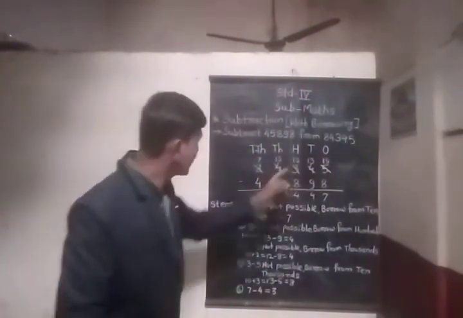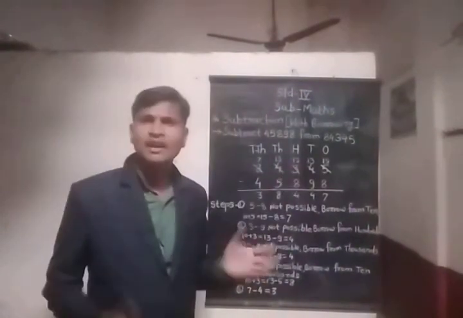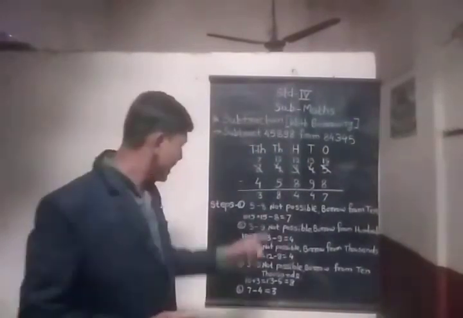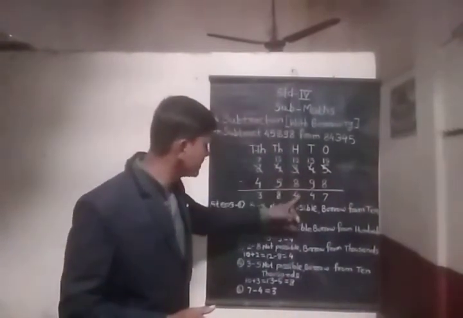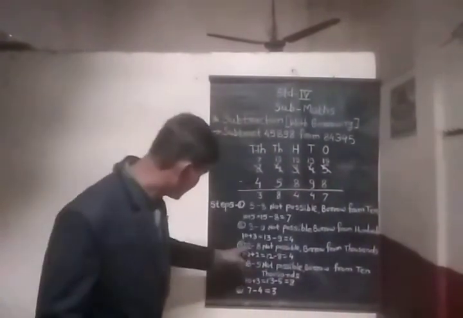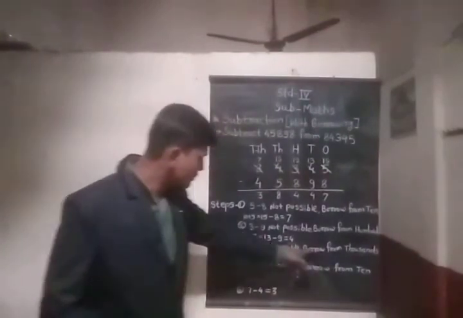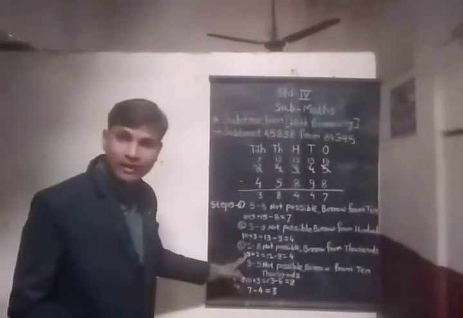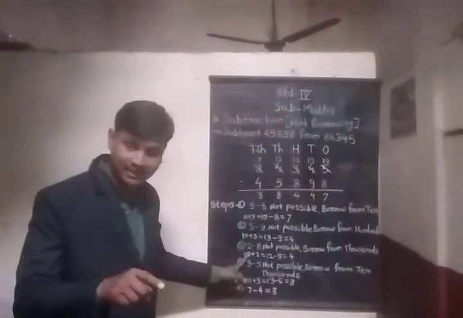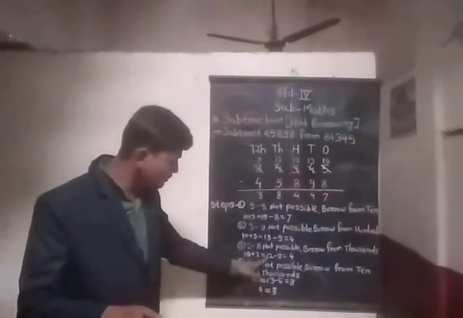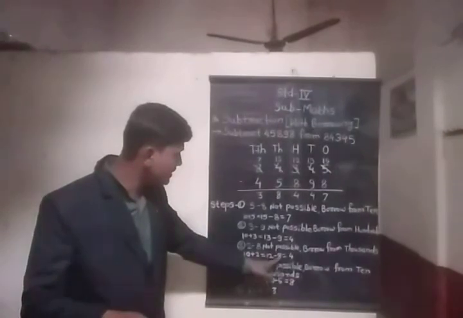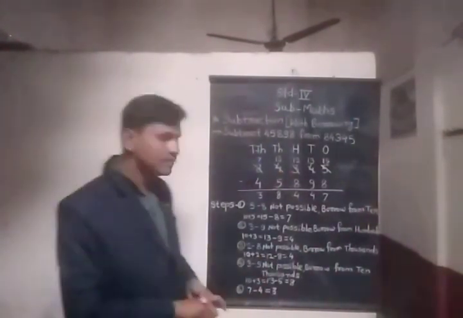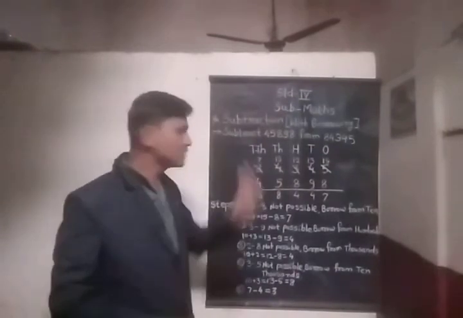So 10 hundreds plus 2 hundreds is 12 hundreds, and 12 hundreds minus 800 is equal to 400. 2 minus 8 is not possible, so borrow from thousands. Why have I taken 10 there? 10 hundreds plus 200 is equal to 1200, and 12 minus 8 is equal to 4. 400 remain.